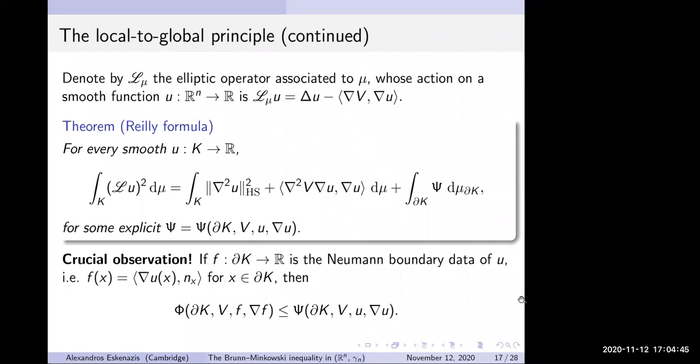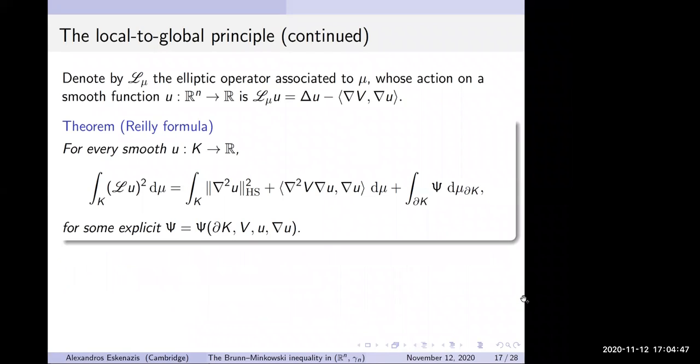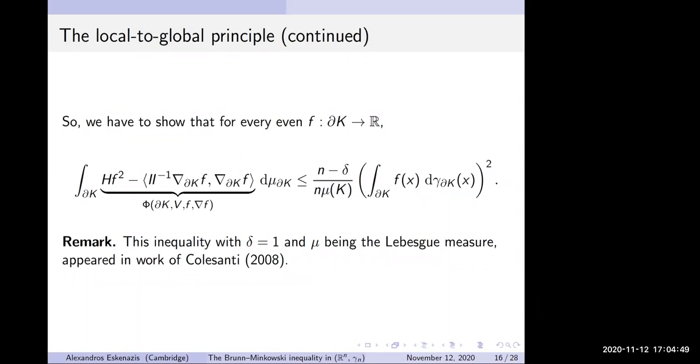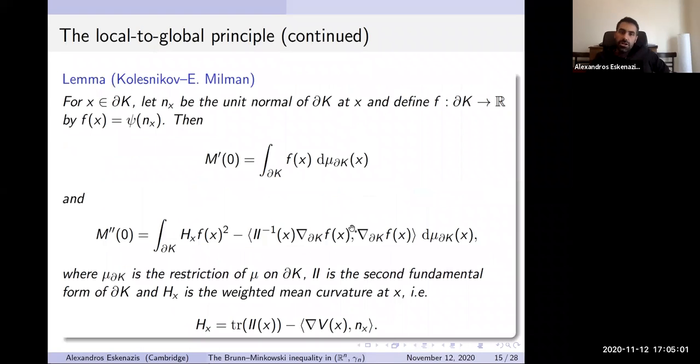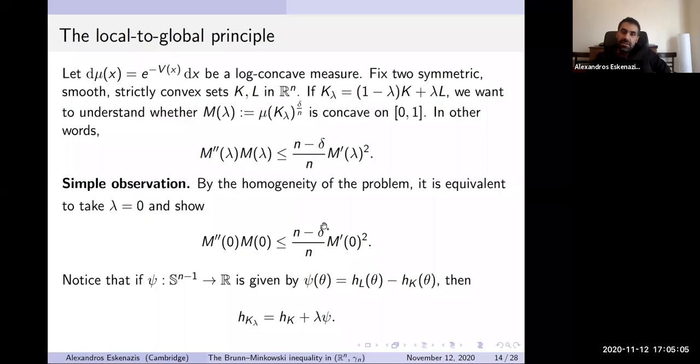Can you go one slide before? I had a small technical point. Isn't it mu of k to the power delta by n? I thought there should be a power delta by n for m of 0, right? No, because when you differentiate the function, the exponent just comes out, it becomes additive.